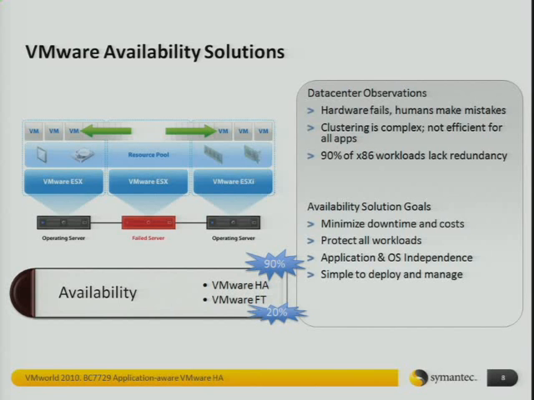That was really the goal behind both HA and fault tolerance. And providing that protection across the entire infrastructure was a key value point. We wanted to ensure we protect not just your mission-critical apps, but all the applications that you depend on, and raise the bar of availability across the entire environment. So our goals were really focused around simplicity, ease of use, but breadth of coverage as well.